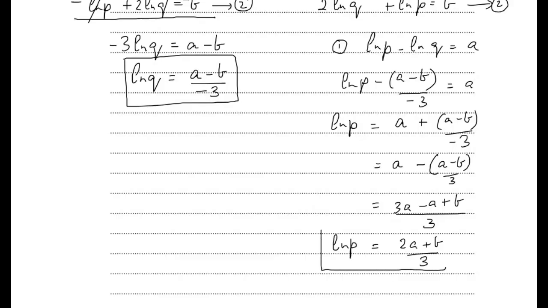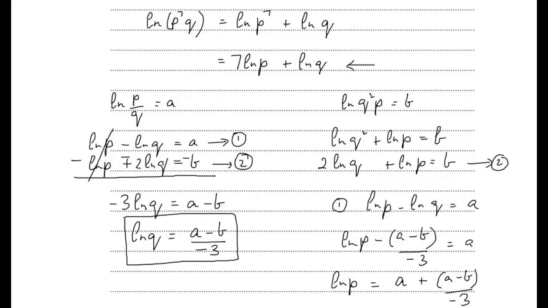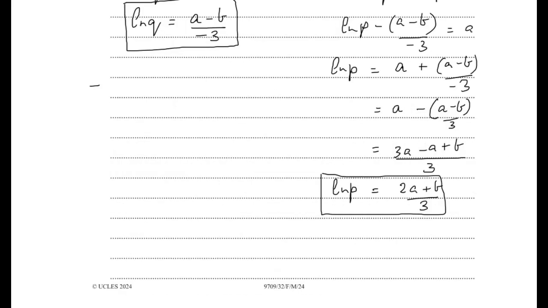So I've expressed both log of p and log of q in terms of a and b. The question says express log p to the power of 7q in terms of a and b. So we know that log p to the power of 7 into q is 7 times log p plus log q. So that is 7 into 2a plus b by 3.